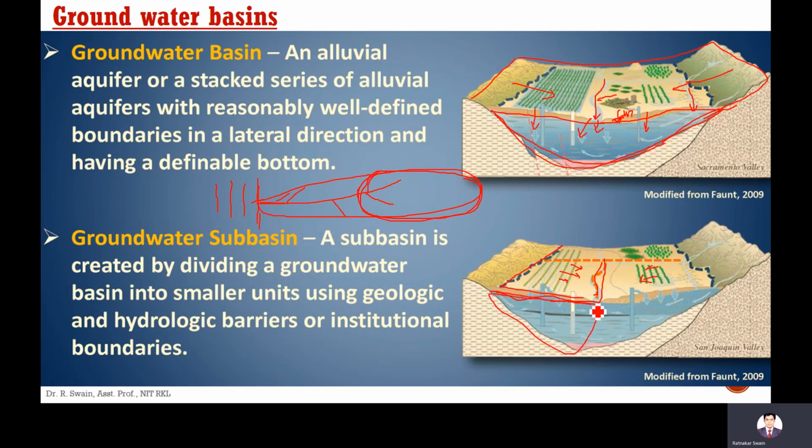This left part we can say is the left subbasin of this whole groundwater basin. This is the right part of this groundwater basin. This subbasin can be created using geologic, hydrologic and institutional barriers. There is no particular definition of a subbasin. Any part of the whole basin is called a subbasin, like in a river.